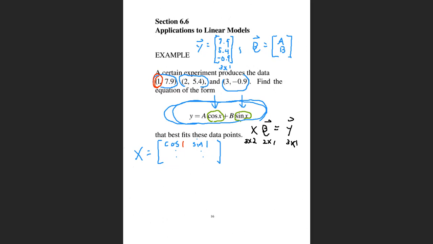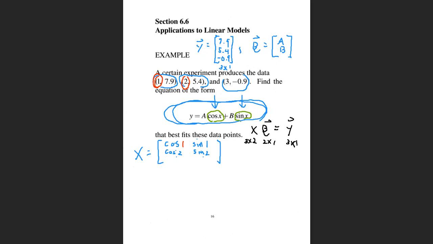What would the second row be? Good, Mikhail. Cosine of 2, sine of 2, because here's 2.